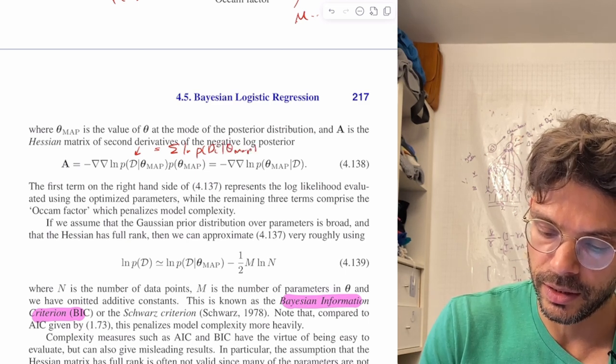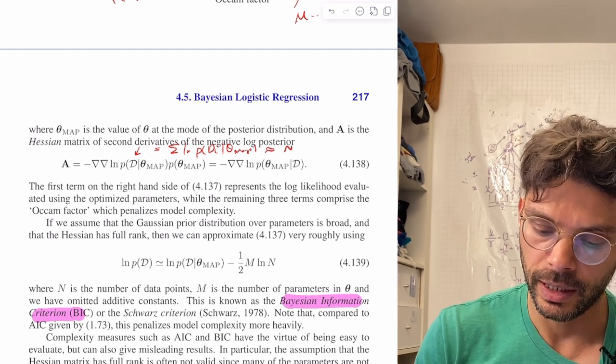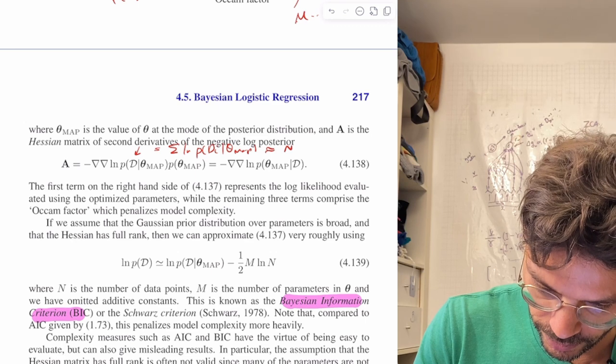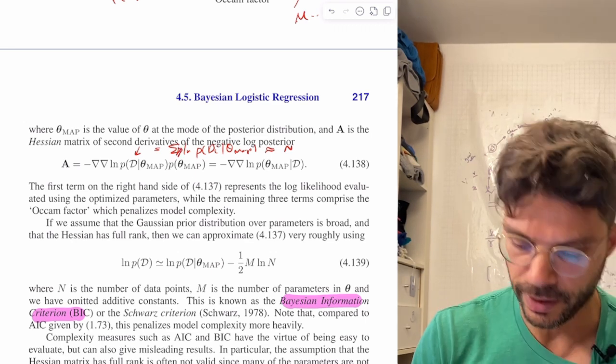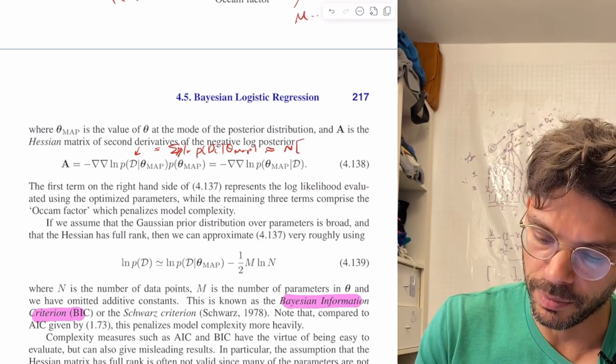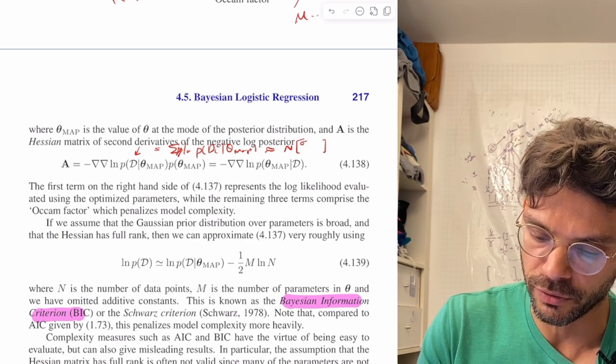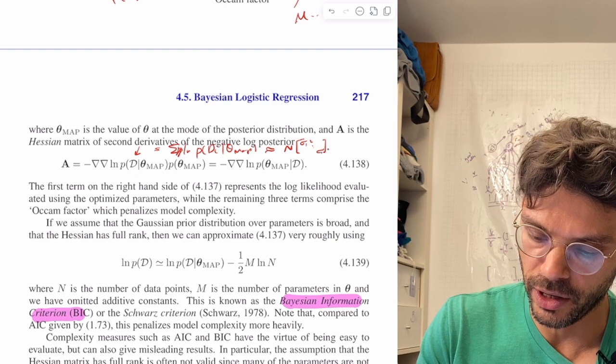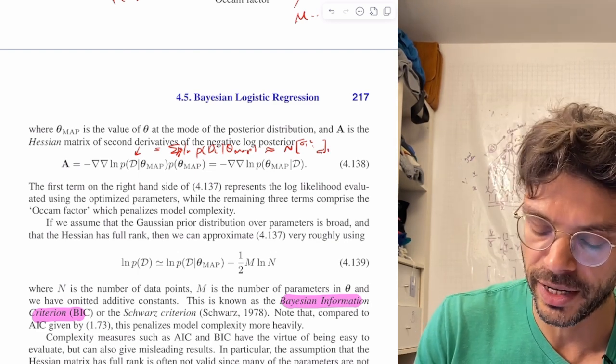And then this is going to be approximately equal to n, when you take a double derivative in there, and it's going to be a bunch of derivatives, a bunch of variances.